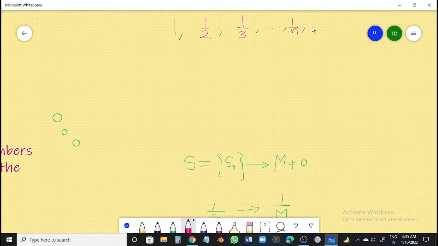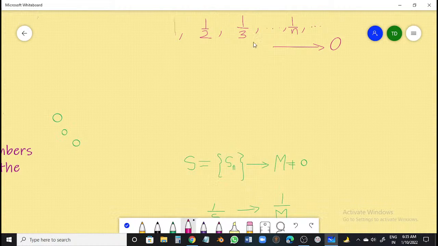And surely this sequence goes to 0. So for such kinds of sequences, this theorem will not work. We need to guarantee that the limit is a non-zero limit. Then only will we discuss this theorem.